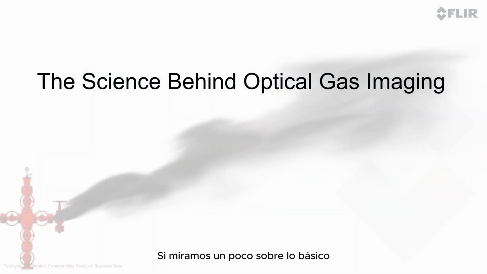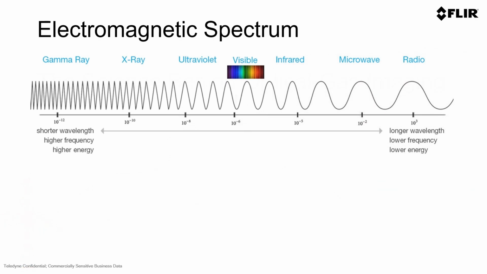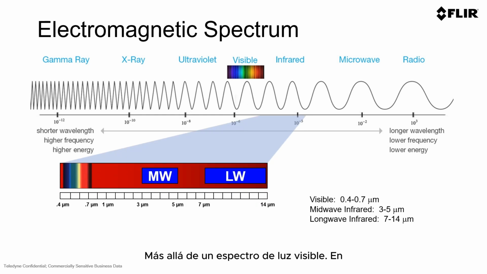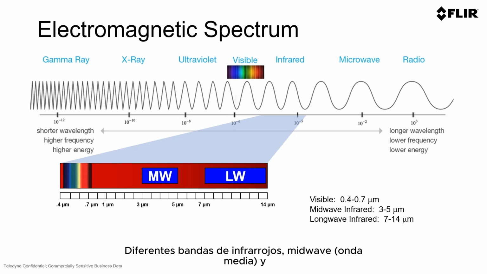If we look a little bit at the basics of the science behind optical gas imaging, we start with the electromagnetic spectrum. The infrared spectrum is the one just past the visible light spectrum, and generally speaking, there are two different bands of infrared, midwave and long wave.